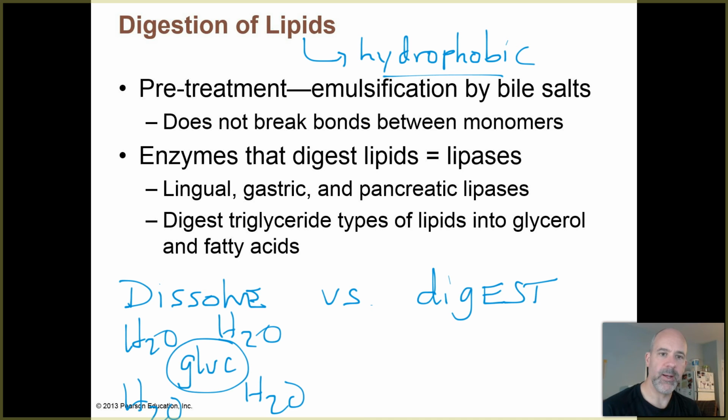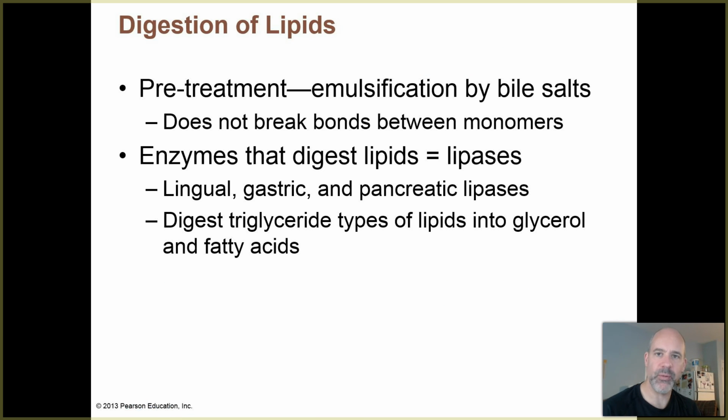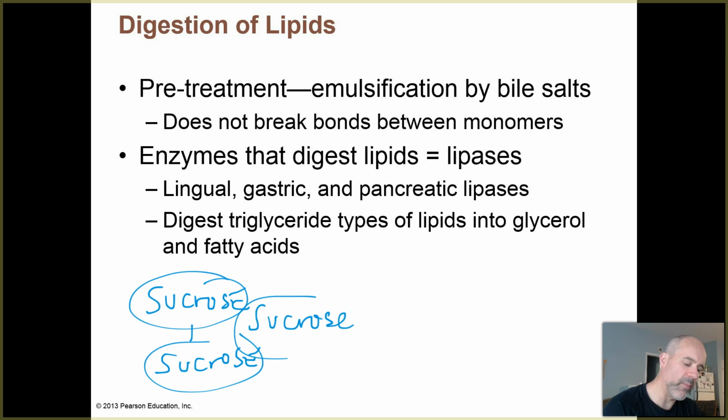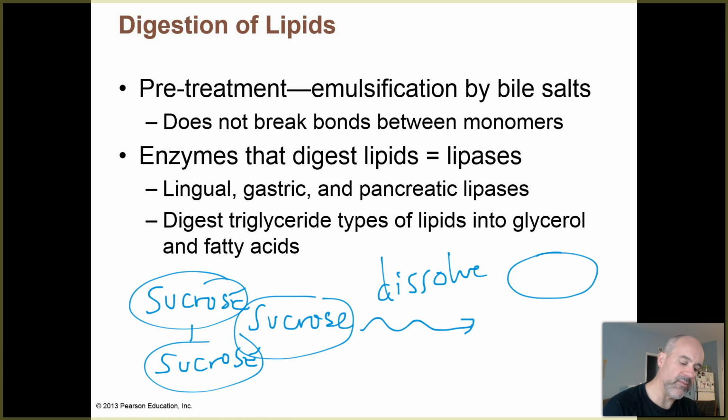Let's think about sugar crystals, for example. When you see table sugar, sucrose, sucrose crystals are where you have a whole bunch of sucrose molecules forming a chunk. When we say they're dissolved in a fluid, that means you now have individual sucroses that are surrounded by water.